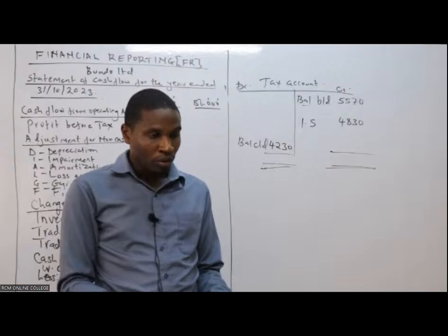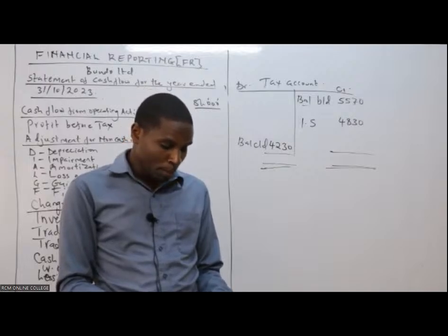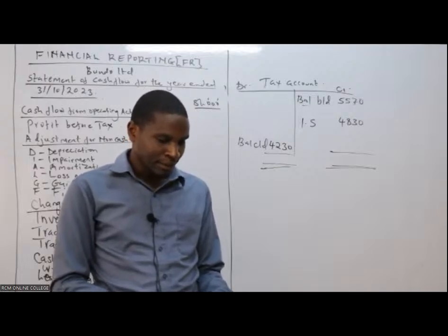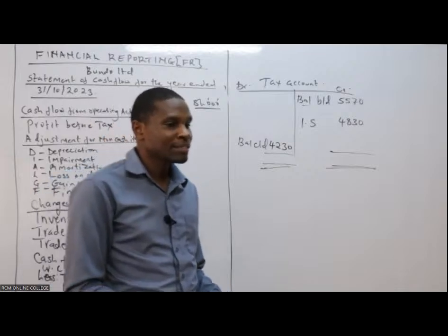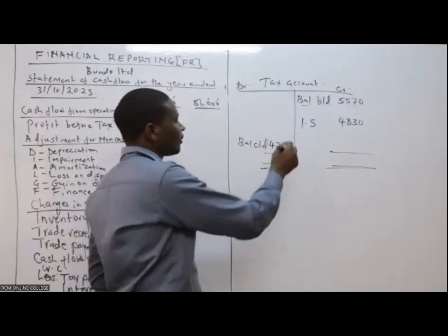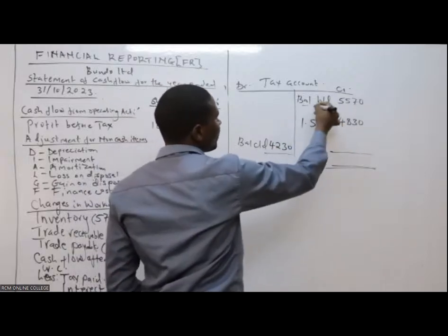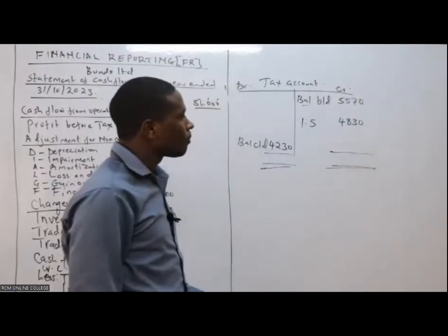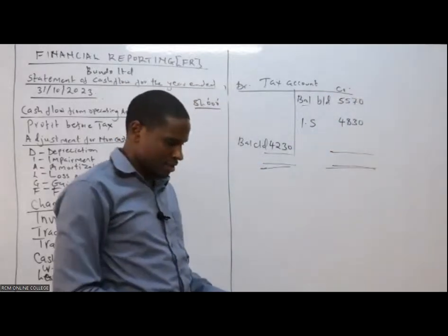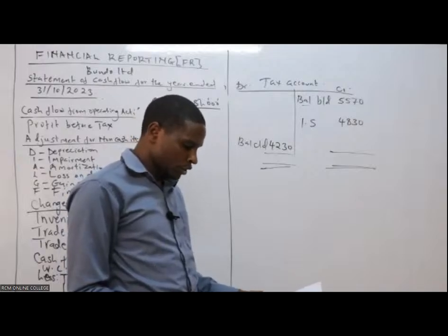Oh, there's something nimeona. Kumbe tulikuwa mpaka na deferred tax. Nipatie mpaka hizo balances za deferred tax. Deferred tax hii ni ya current tax. Nipatie balance brought down ya deferred tax. Hii ilikuwa moto.